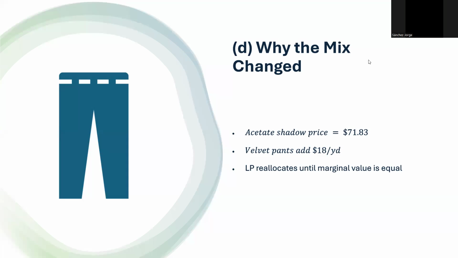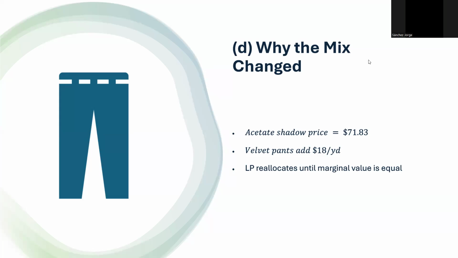So now we are at letter D. Why does the mix change? This question focuses on how the LP model makes resource trade-offs. Originally, acetate was most valuable when used in tailored skirts, with a shadow price equal to $71.83.